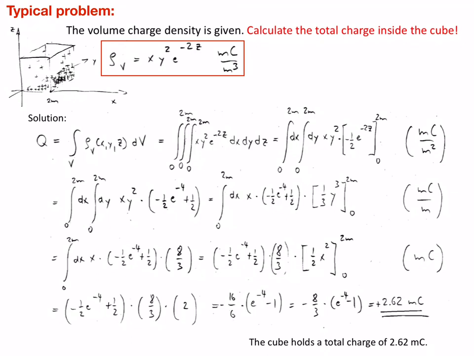So this is a volume charge density. The sides of the cube are 2 meters in length. The problem is solved by carrying out a volume integration over the given charge density. This integration gives a total charge of 2.62 millicoulomb.